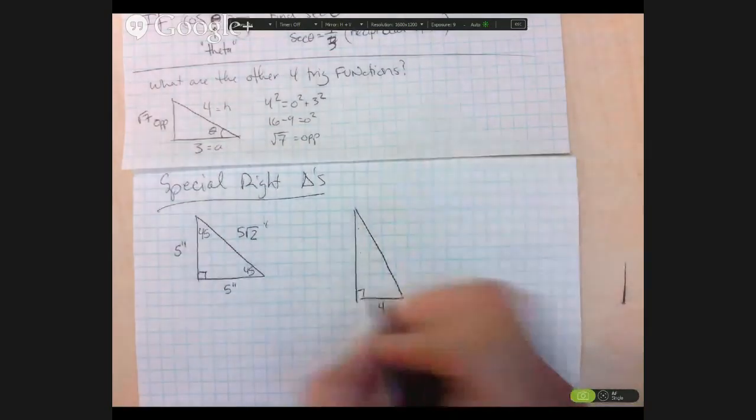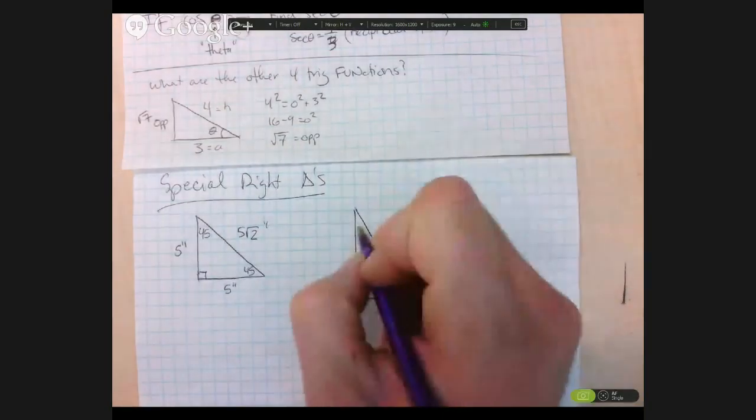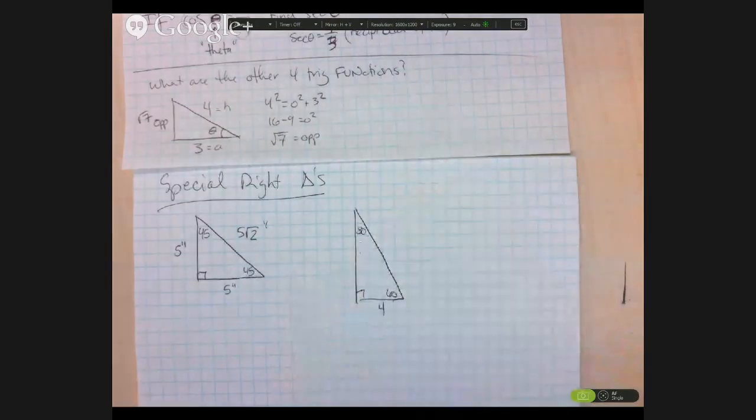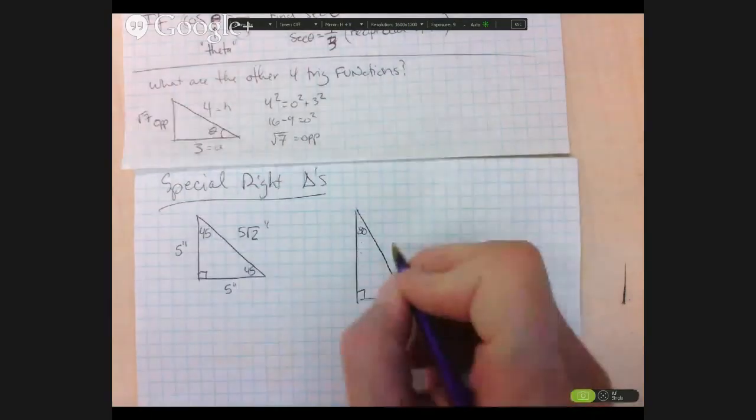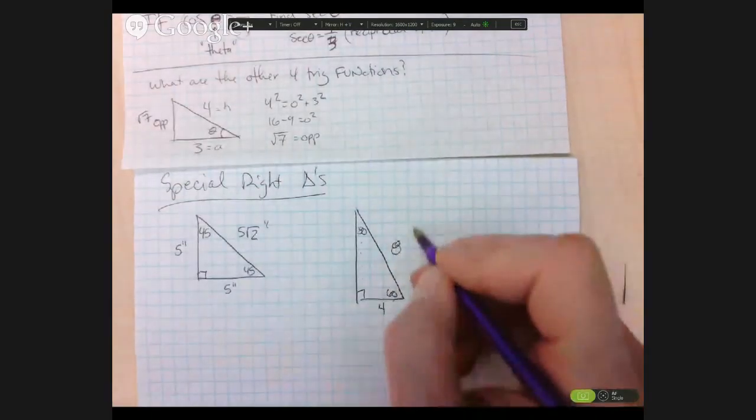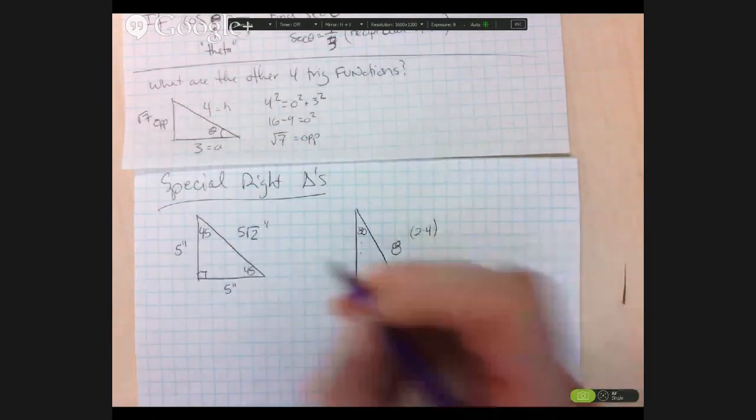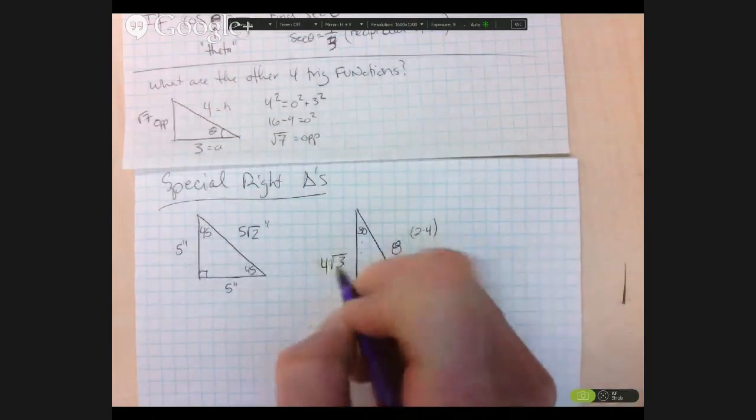This is a 30, 60, 90. 8 is correct on the hypotenuse, so it's 2 times 4. This one is 4 root 3.